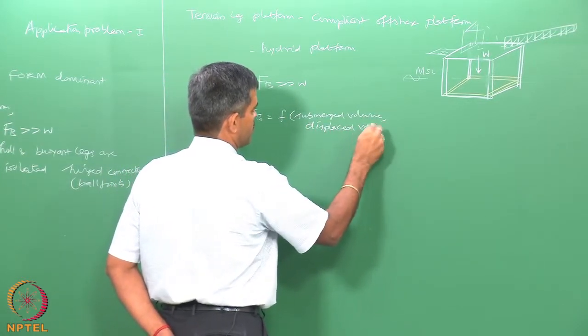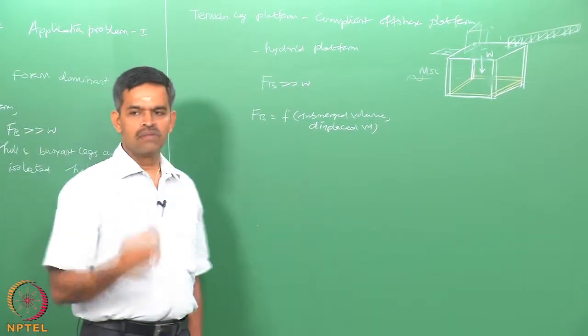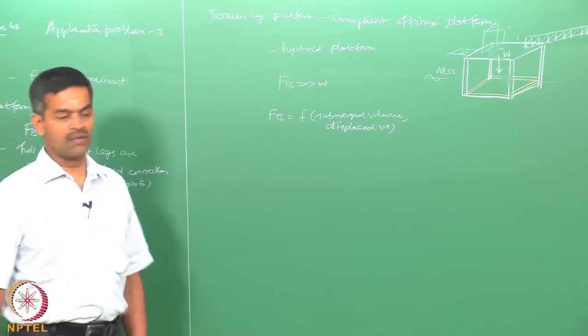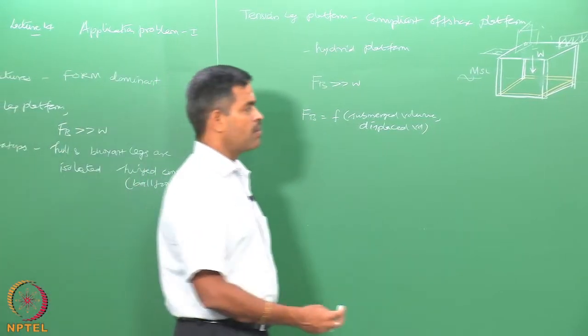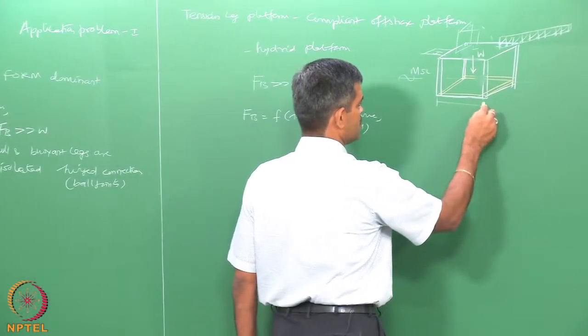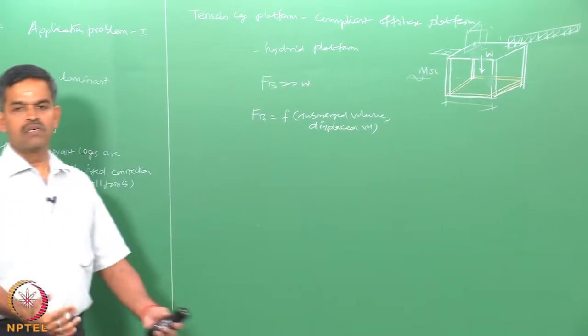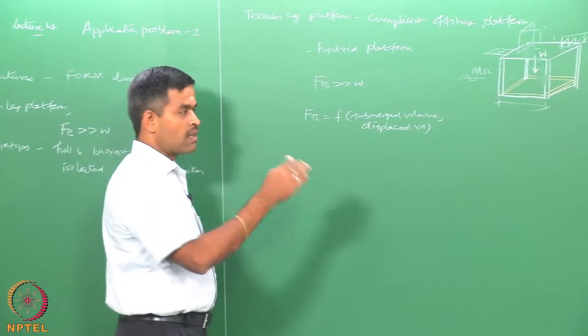Displaced volume depends upon the surface area of the circular member and the depth of immersion, what we call the draft or design draft. The submerged volume is very large and the diameter is again very large, so it has a very large displaced volume, therefore, buoyancy is in great excess compared to the weight.